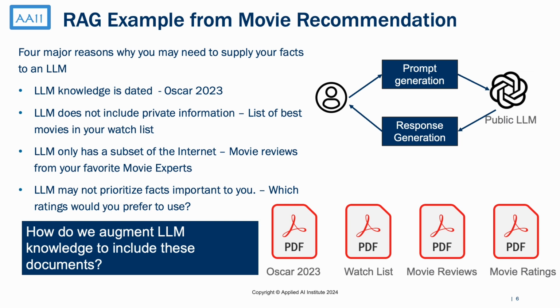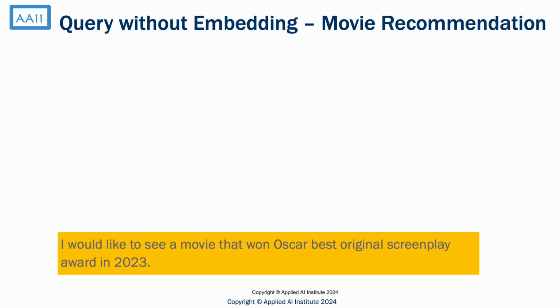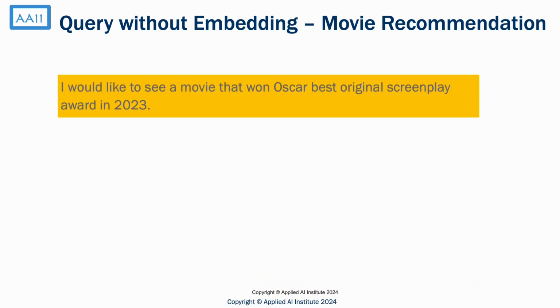Let's look at an example to illustrate the importance of embedding. For instance, we know that GPT's knowledge does not include information from 2022 to 2023. If someone were to ask a question like, "I would like to see a movie that won the Oscar for original screenplay in 2023," GPT would politely inform the user that its knowledge cutoff is September 2021.